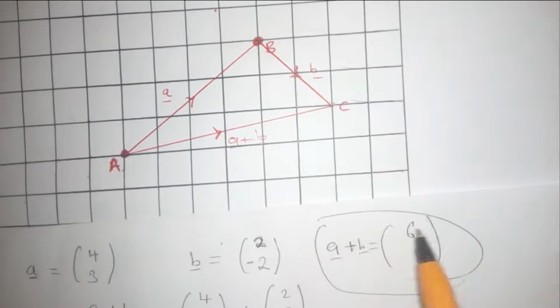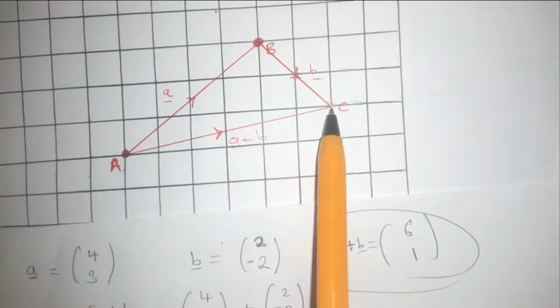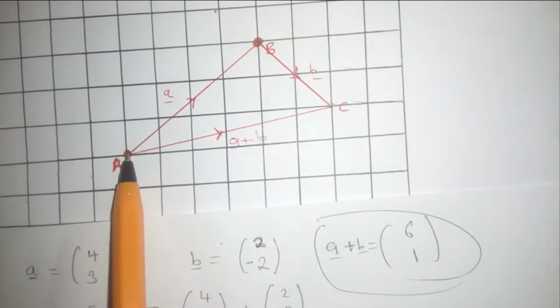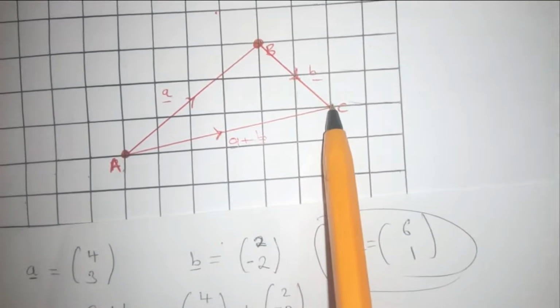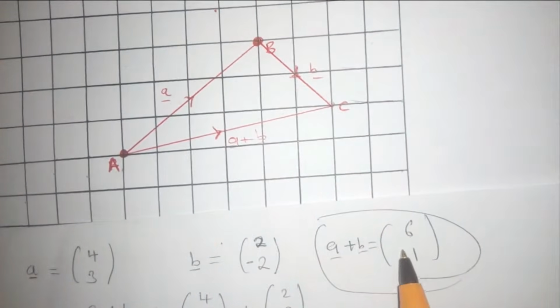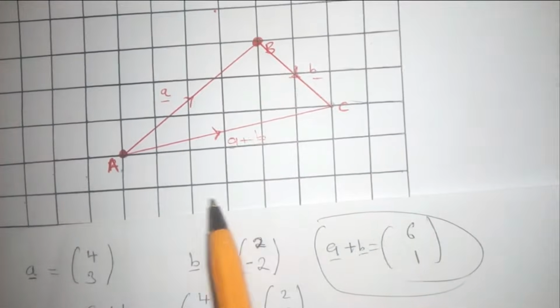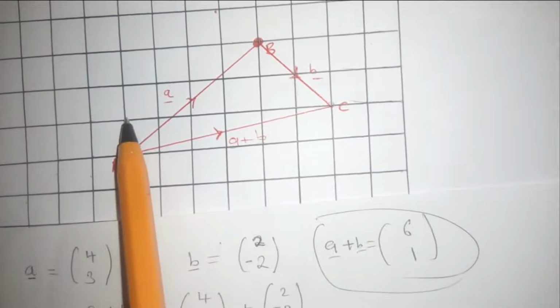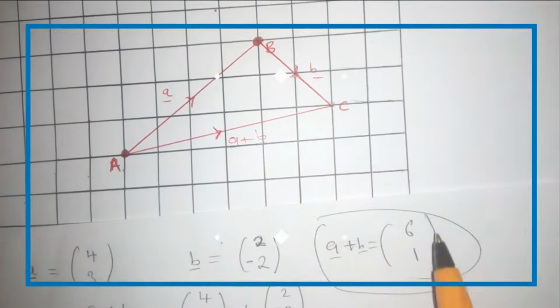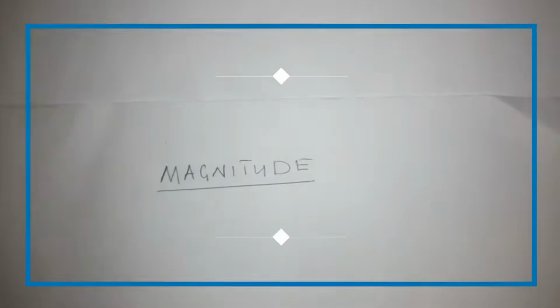It's going to the positive 6 steps: 1, 2, 3, 4, 5, 6. Good, perfect, it's at 6. And then under the y-axis, it's going one step up because it's positive. So it's 1. You see, this is true. We've proven this is how it works.